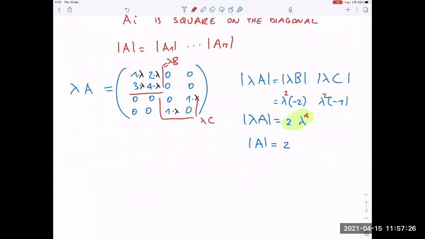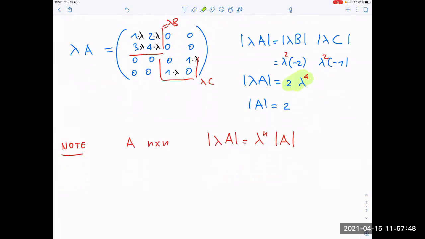So what is true, and let's make a note, is that if you have your matrix A n times n, when you compute the determinant of lambda times A, what you get is lambda to the n times the determinant of A. And the reason why this is true is coming from Binet theorem, because lambda A, if you think about it, is just the diagonal matrix with lambda on the diagonal times A, right?